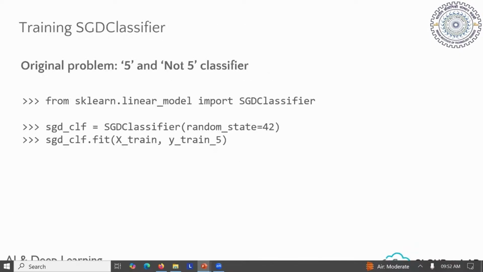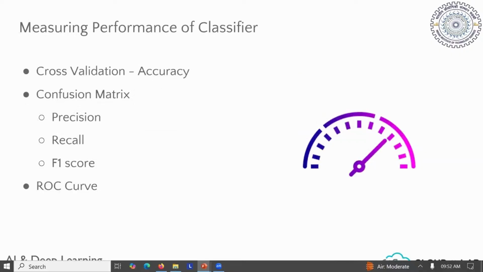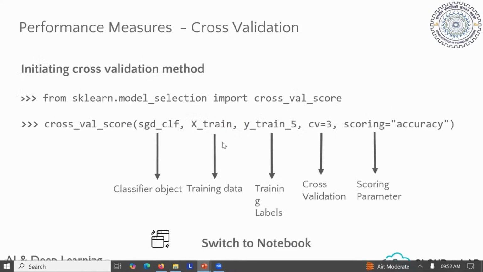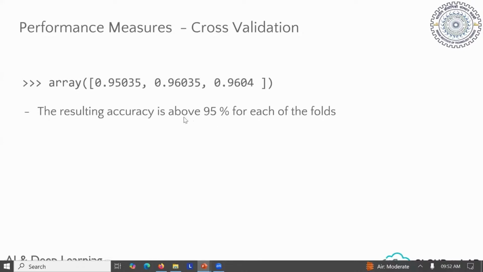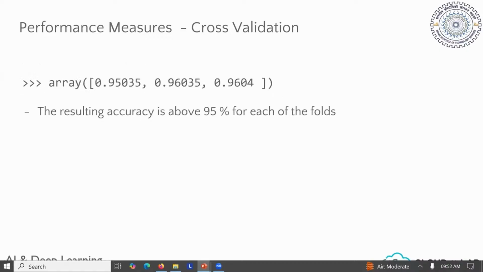If you train this classifier and use cross validation as an accuracy measure, then we get above 95% accuracy, which means our model can predict whether a given image is a digit 5 image or not with more than 95% accuracy, right?